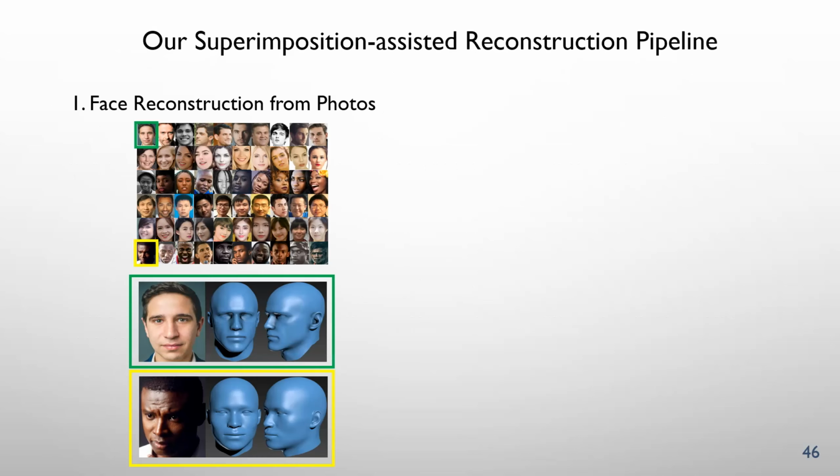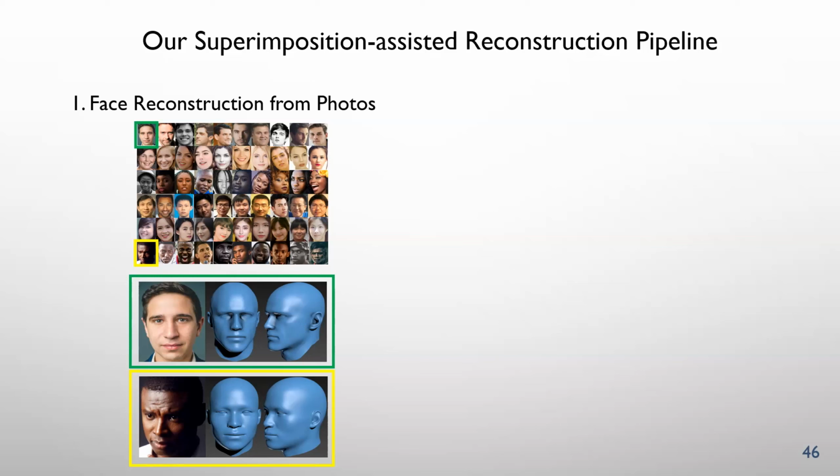So we developed a different pipeline to tackle this under-constrained problem. Because it's under-constrained, instead of directly reconstructing a face from the skull, we first reconstruct candidate faces using face images. Reconstructing the 3D face from an image is much easier, and this can produce more realistic and detailed faces to start with. So we can download photos from the internet, or we can get photos from the database of missing persons.